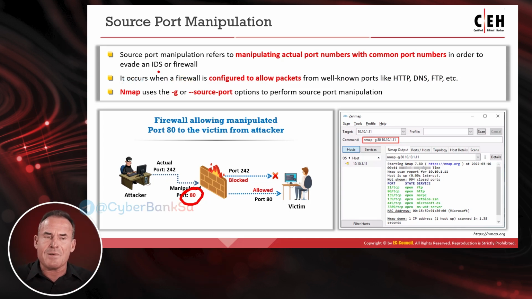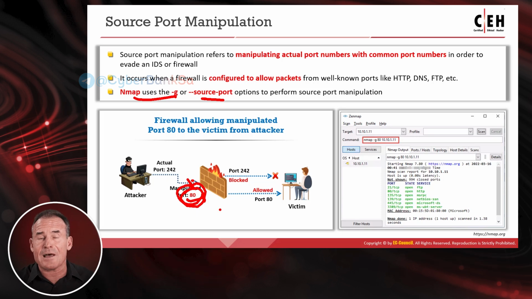So I may be able to configure Nmap to use port 80 instead of the default. Using the -g source port option allows you to specify the port. This may allow the traffic through the firewall. Depending on the firewall rules, HTTP, DNS, FTP, etc., you might be allowed in.